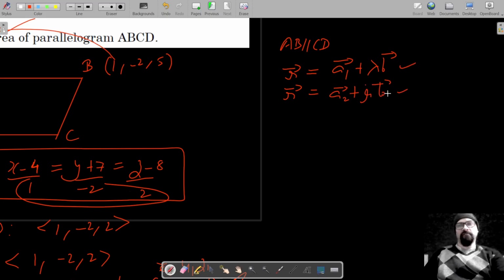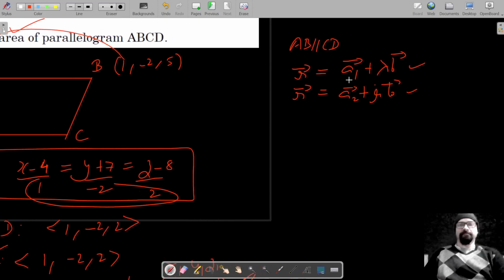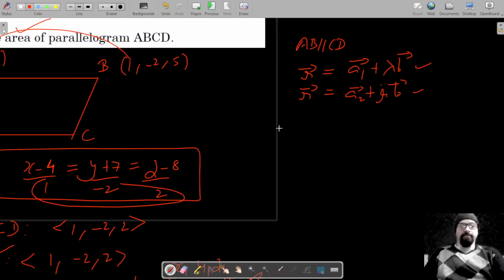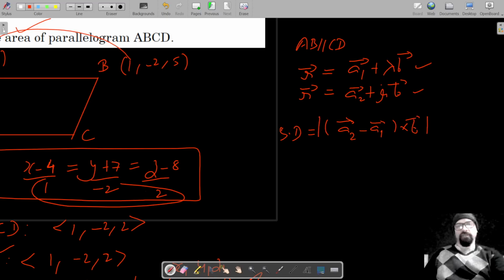Here the b vectors are the same because these are parallel lines, so the perpendicular distance between them, or the shortest distance, is given by the magnitude of (a2 minus a1) vector cross product with b vector, divided by the magnitude of b.